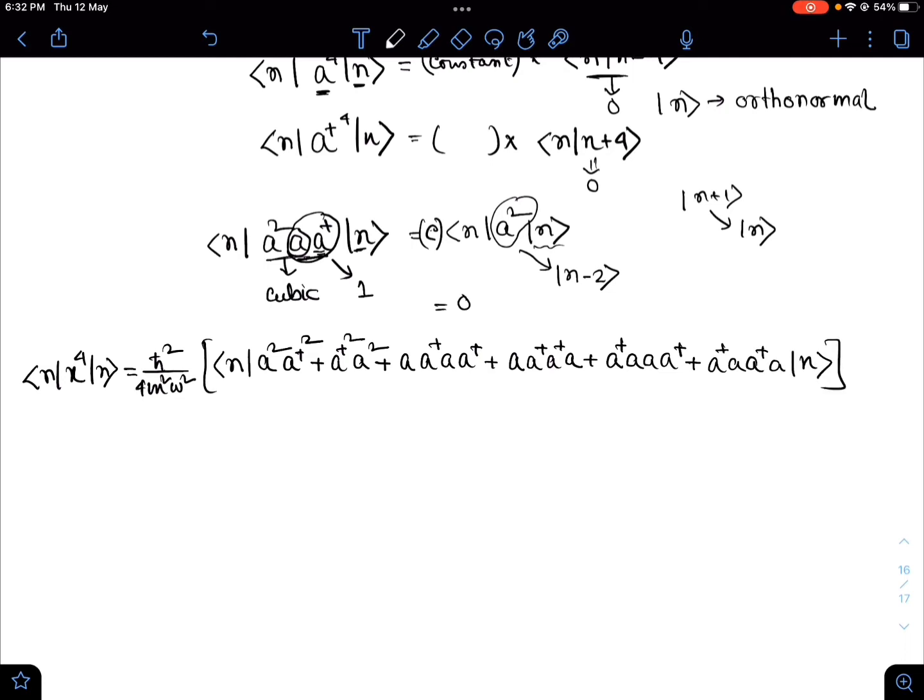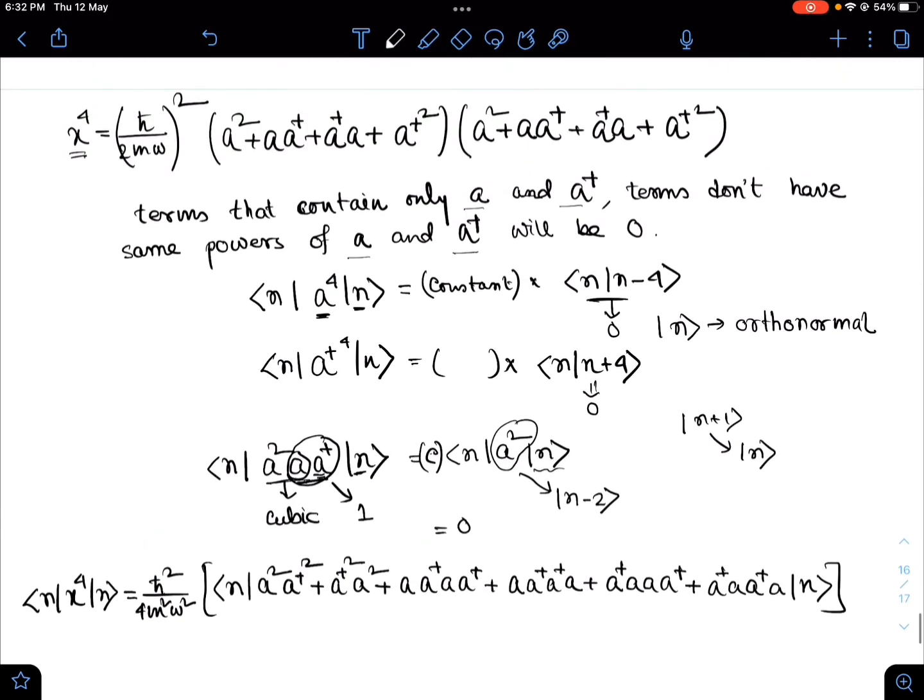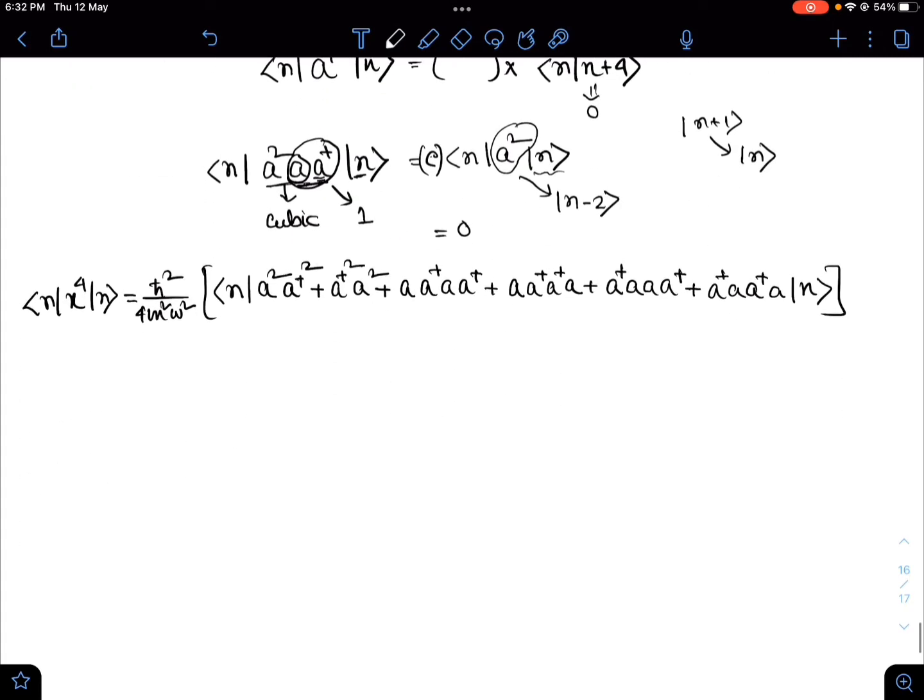The rest of the terms will be of this kind, not of the same power, or only contain a or a dagger.